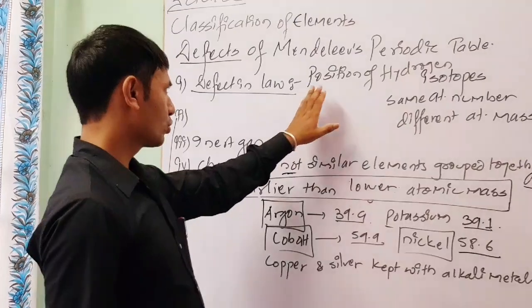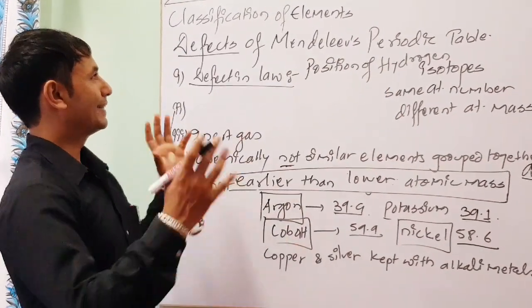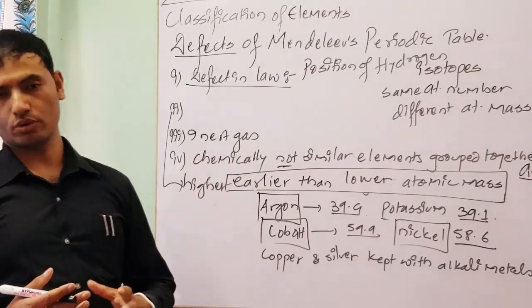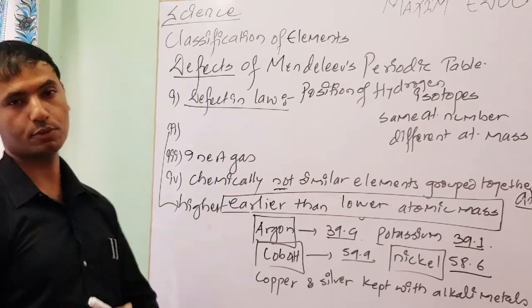So the position of hydrogen is also not certain in Mendeleev's periodic table. These are the things that you need to know while studying classification of elements in Mendeleev's periodic table.